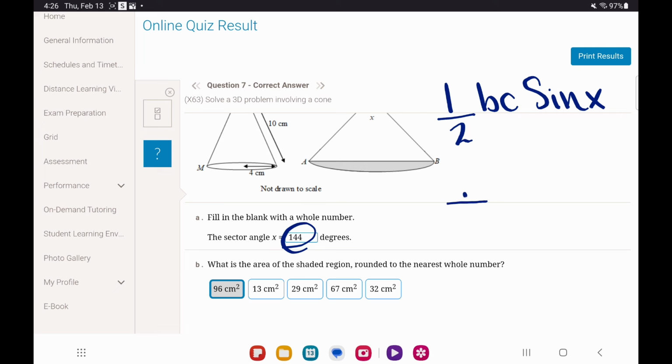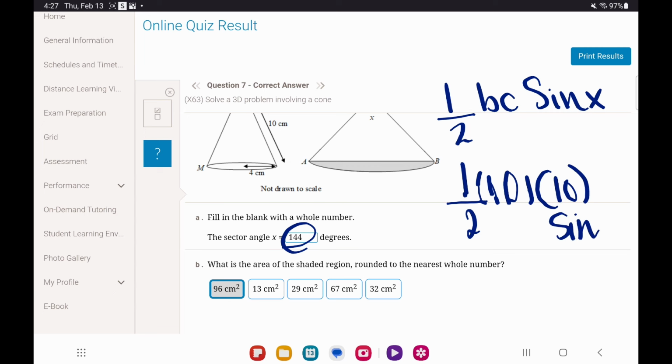So half of BC, so 10, and 10, and then sine 144.